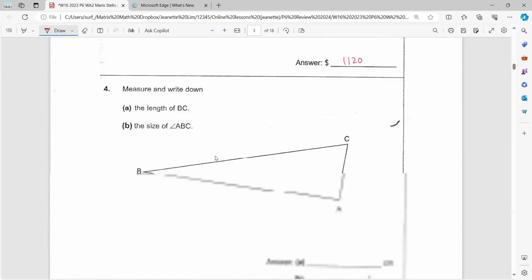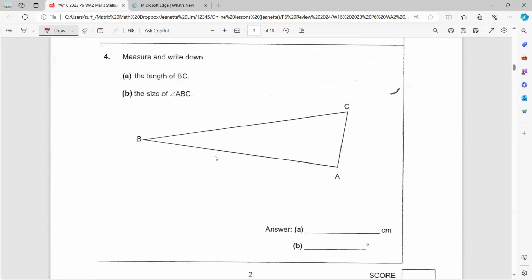Question 4. I'm not able to show you on using this online, but the answer would be 10.8 for the length of BC and then the length of angle ABC, which you're supposed to use your protractor. And the answer is 16 degrees.